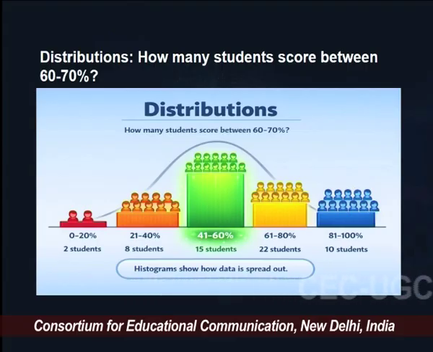This kind of distribution graph is called a histogram, which we will learn in our module today. It's very easy to see that most of the class gets an average number of marks. So data visualization can help you show trends, comparison, and even distributions.